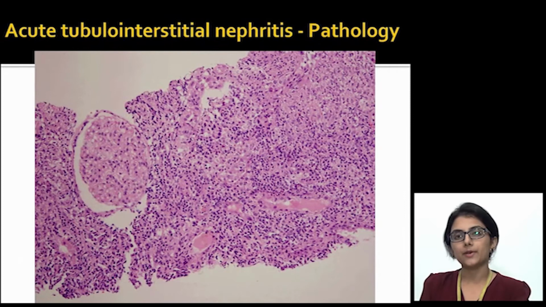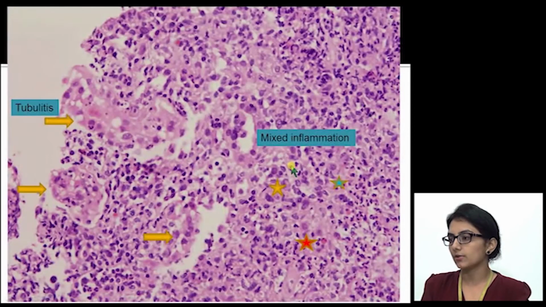And these are the kind of biopsies we get. So this biopsy is from a patient who had an acute tubulointerstitial nephritis. You can see the glomerulus here, which is relatively unremarkable. And the interstitium is suffused by inflammatory cells, a lot of blue cells there, and you can really barely make out the tubular basal membrane or the tubules. On a closer look, you can see the inflammatory infiltrate is quite mixed.